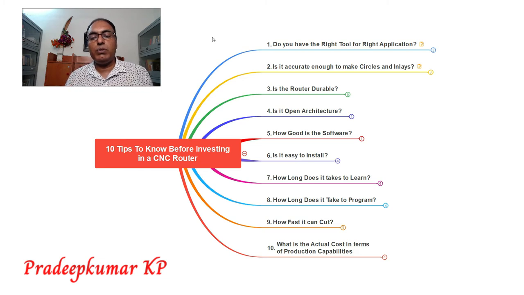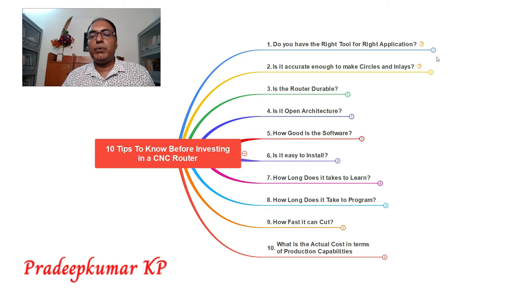Is it easy to install? How long does it take to learn? How long does it take to program? How fast can it cut? What is the actual cost in terms of production capabilities? So these 10 points I am going to elaborate, that you must know before investing in a CNC router machine.